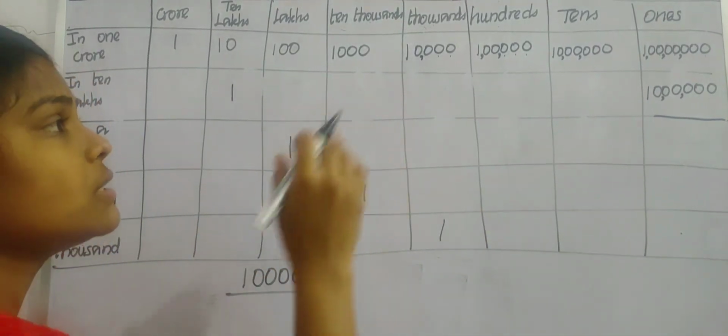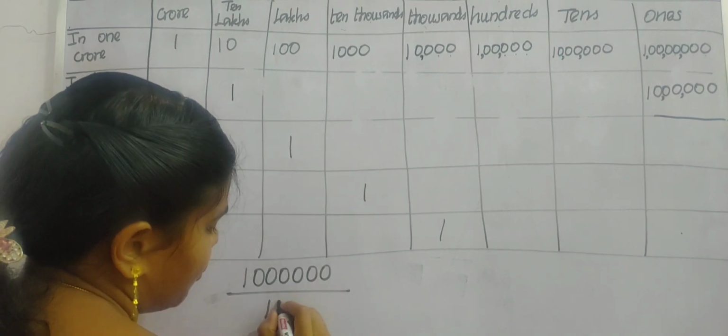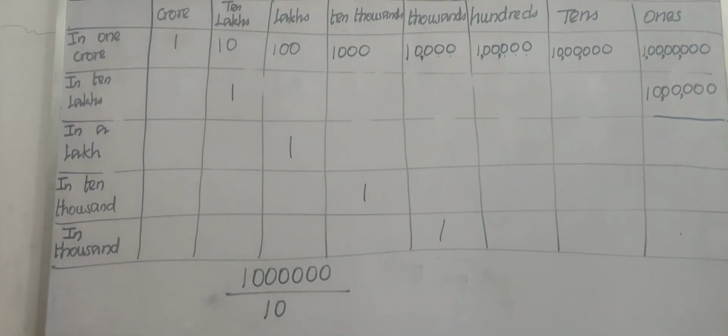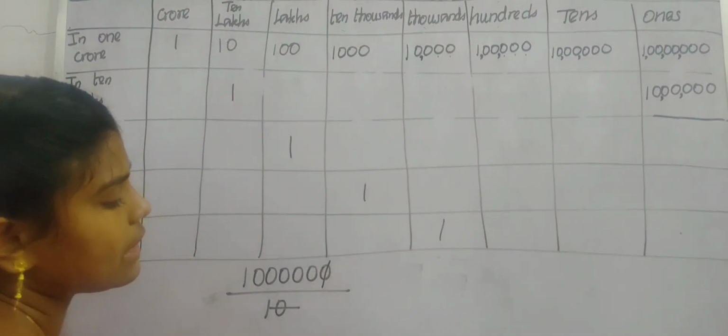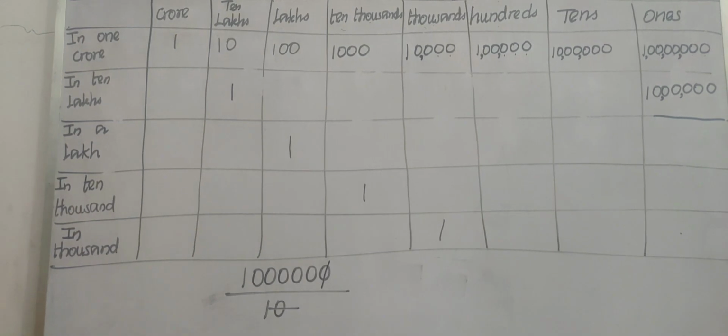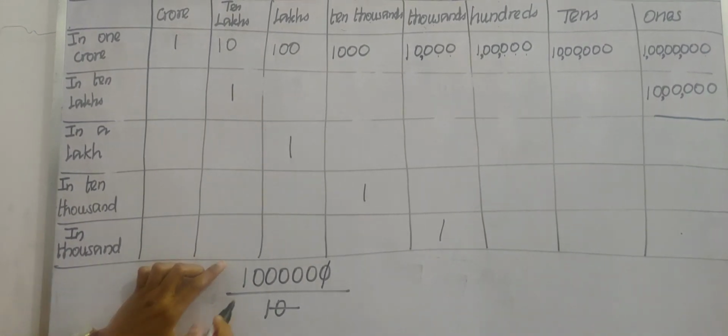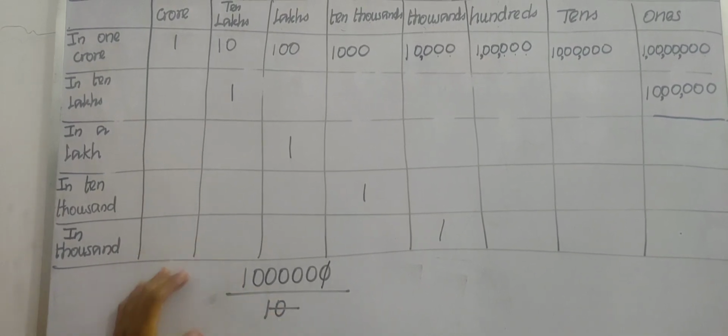Okay, so we are going to find how many tens are there in 10 lakhs. Tens means we need to put 10. So we can strike out the zeros. Here we are having only one zero, so we are striking out only one zero in 10 lakhs. So what are we getting? 1, and how many zeros? 1, 2, 3, 4 and 5. 5 zeros.